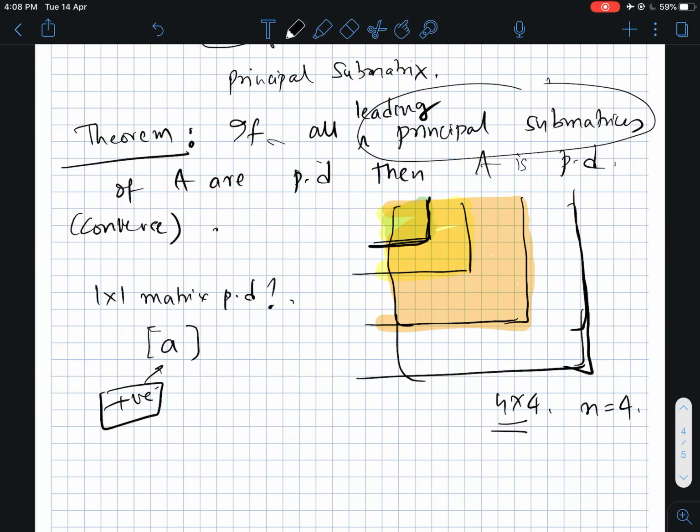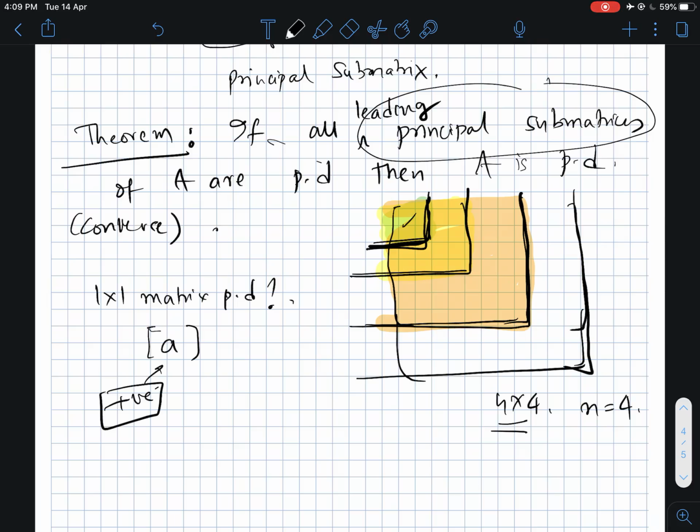A 1 cross 1 positive definite matrix is actually a positive number. So to check this 4 cross 4 matrix is positive definite, all I need to do is check that this matrix is positive definite, that means this number is positive. Then check that this matrix is positive definite, then check that this matrix is positive definite, and then you are done. Then the full matrix is going to be positive definite.